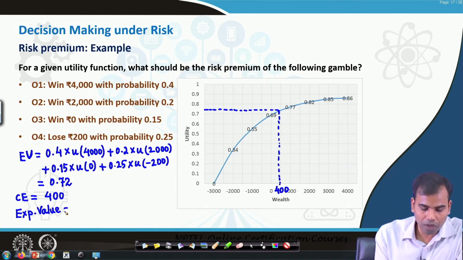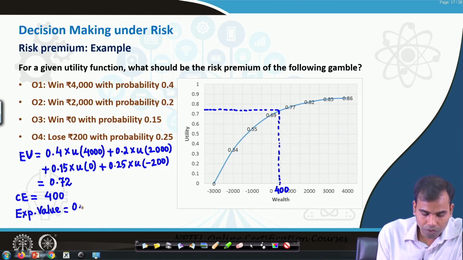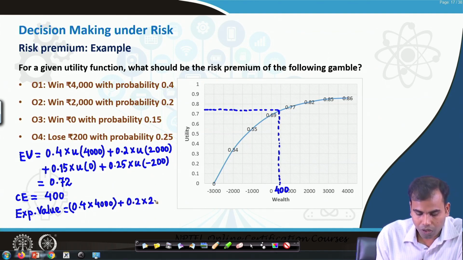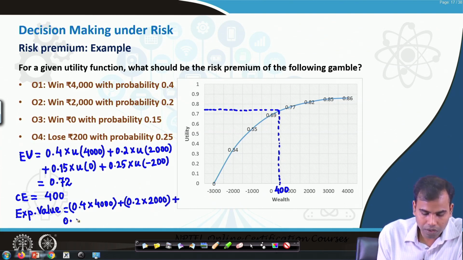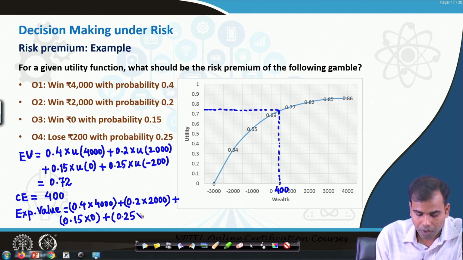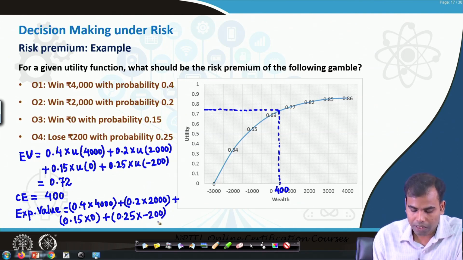So, expected value calculation can be done in a very standard format, which is 0.4 into 4000, 0.2 into 2000, 0.15 into 0 and 0.25 into minus 200. These numbers will take us to the value of 1500.